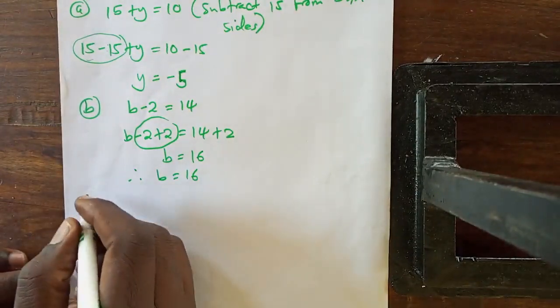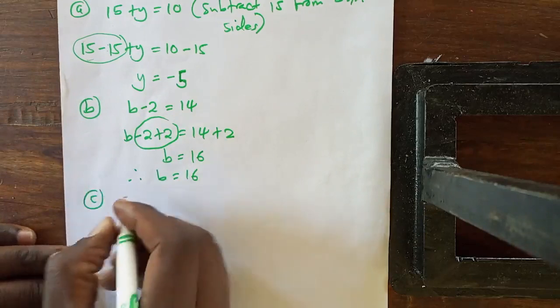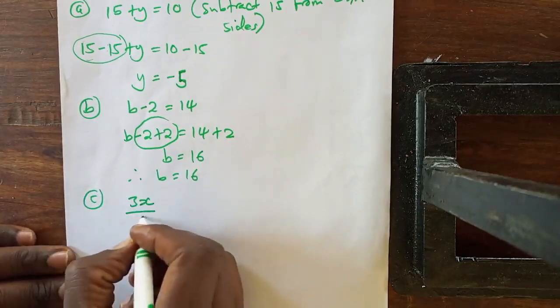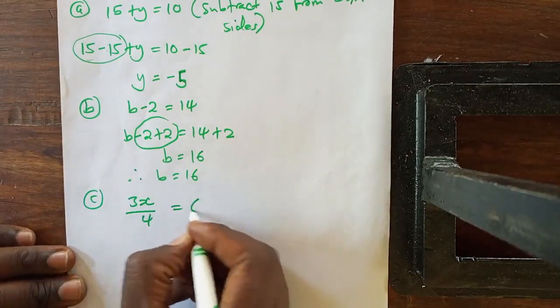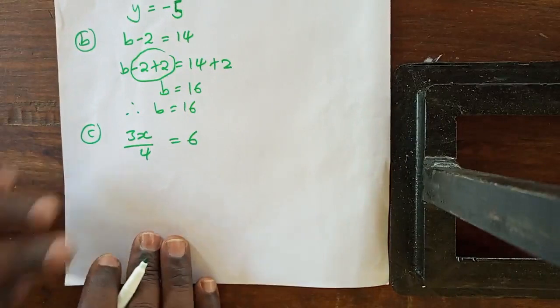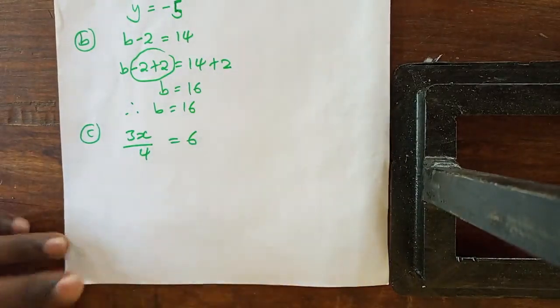The other example is 3x divided by 4 is equal to 6. So we have 3x over 4 is equal to 6. What can we do here to find the value of x?